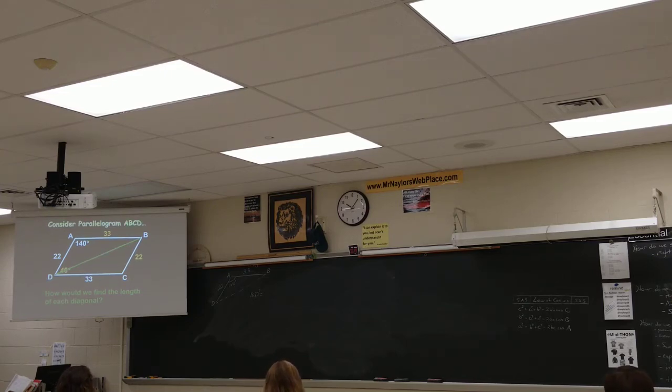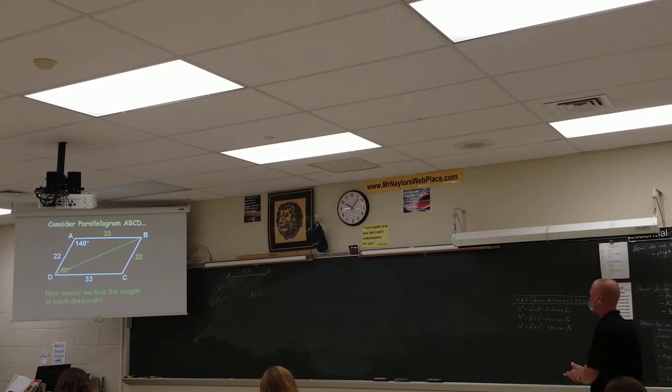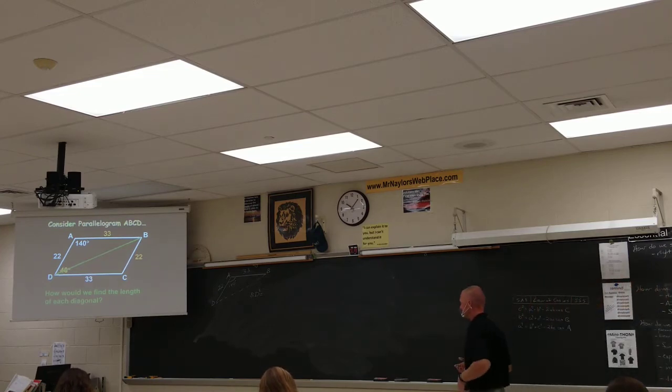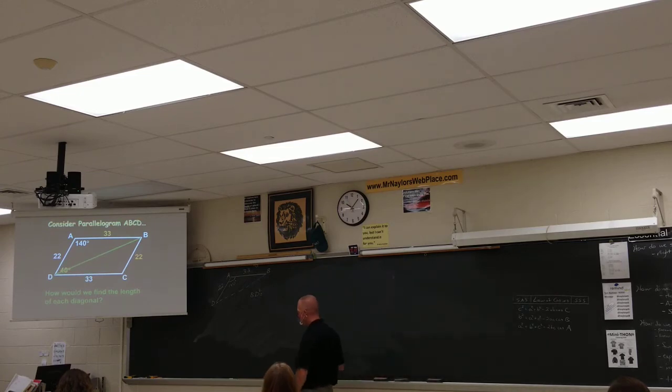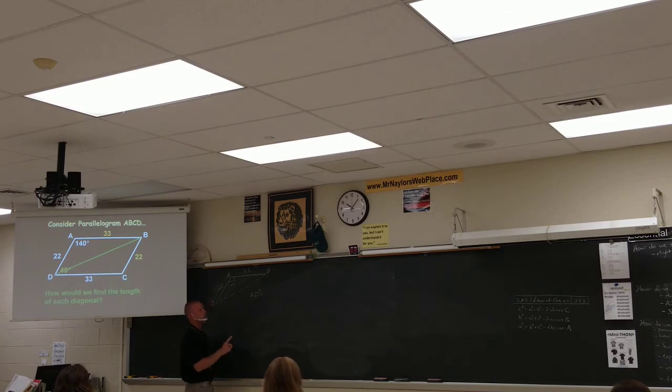Okay, now the law of cosines is simply the sum of the sides squared. It's the sum of the squares. And then there's always a subtraction of twice the product of the sides and then the cosine of that angle.